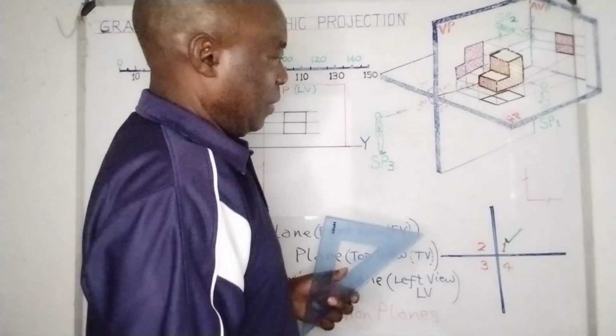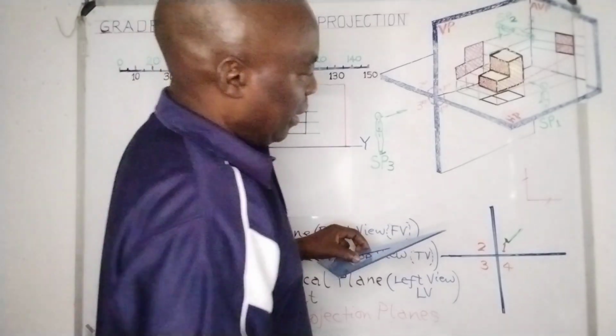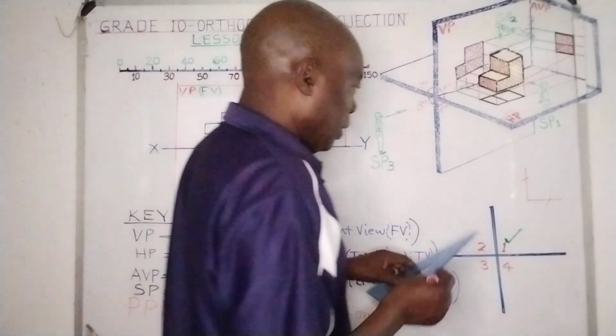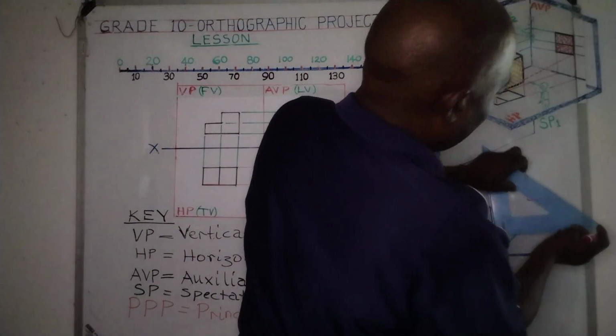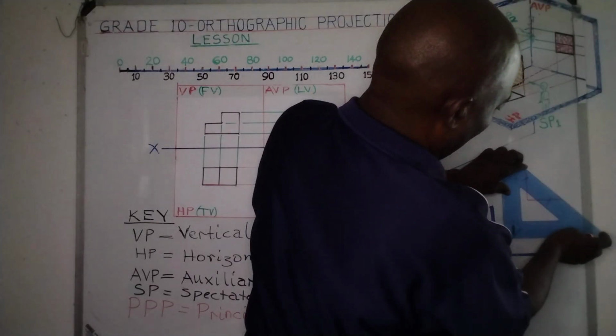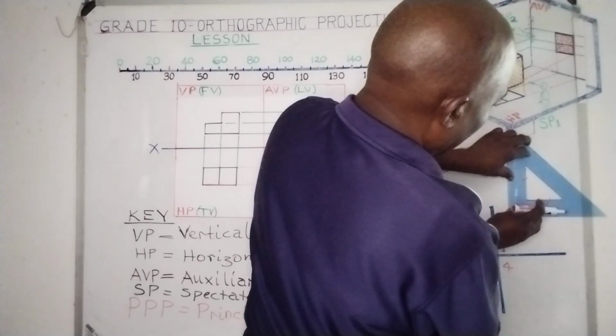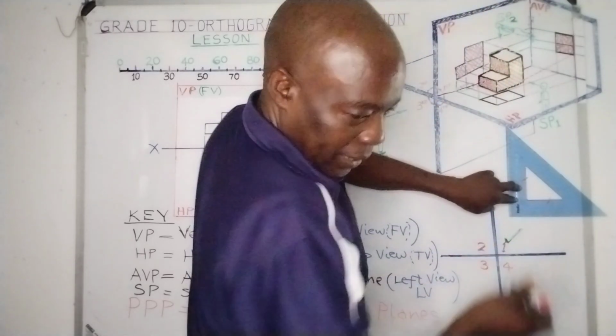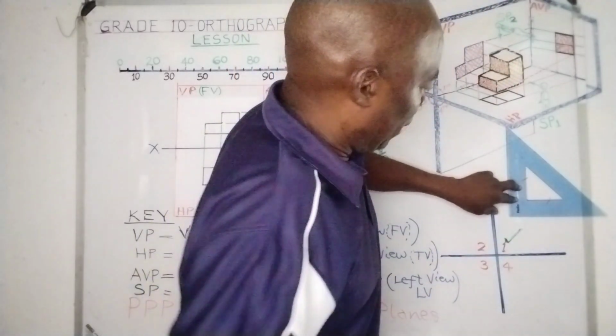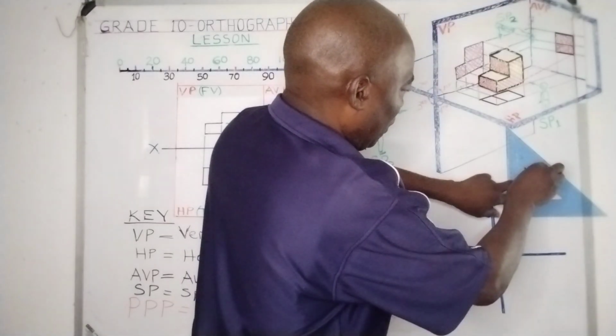I can draw a rectangle. I mean, sorry, a square. It will be like that. Is this red? No. So it will be like that. And also here, it will be like that.